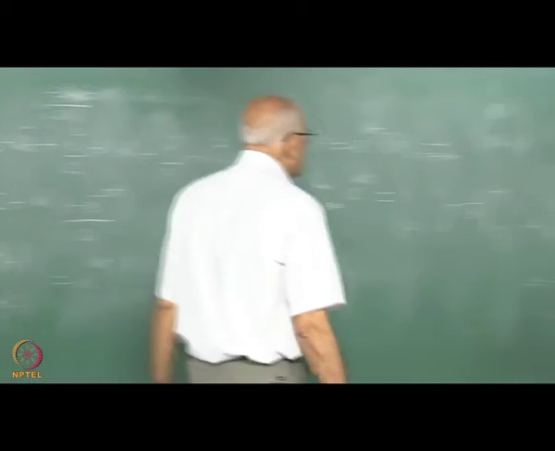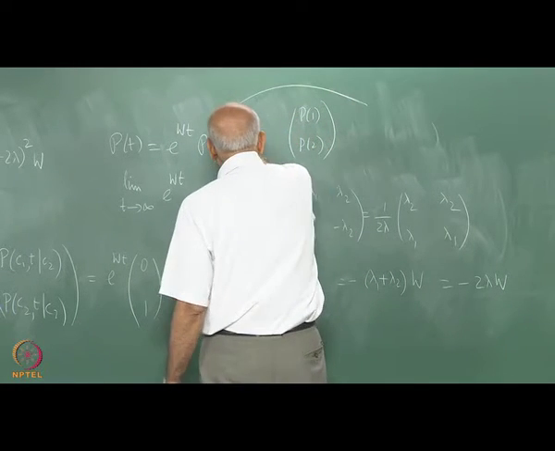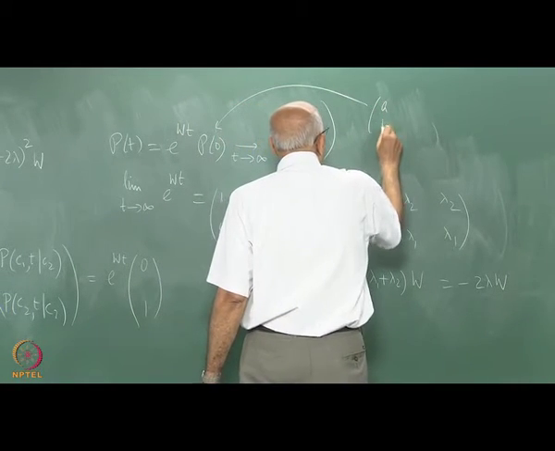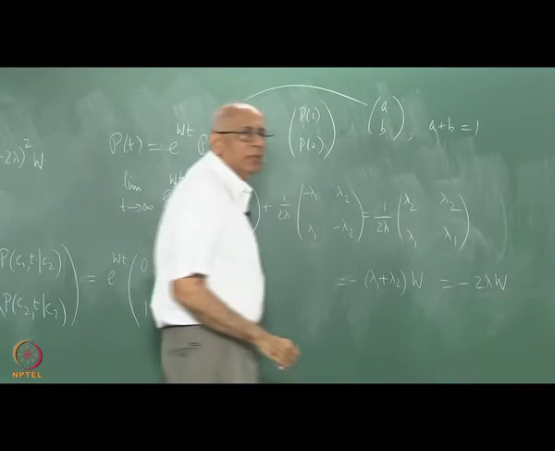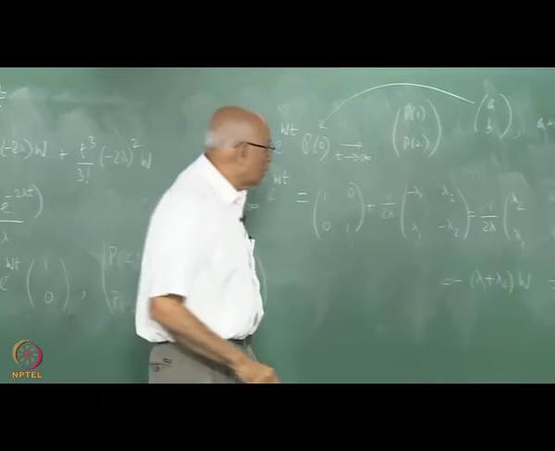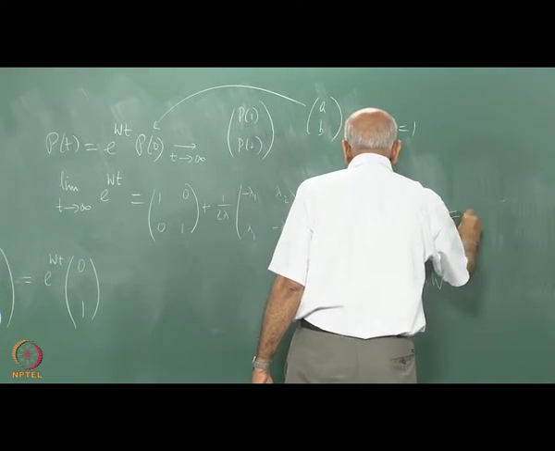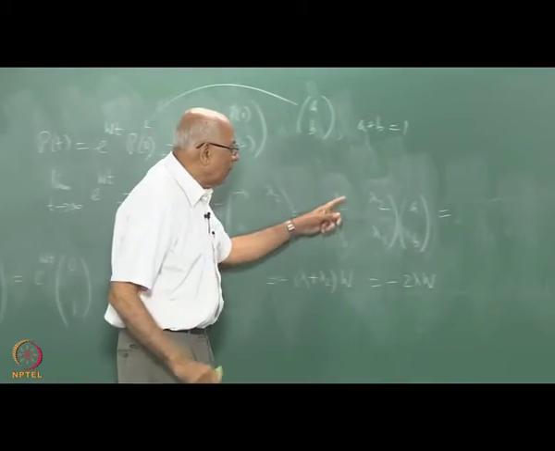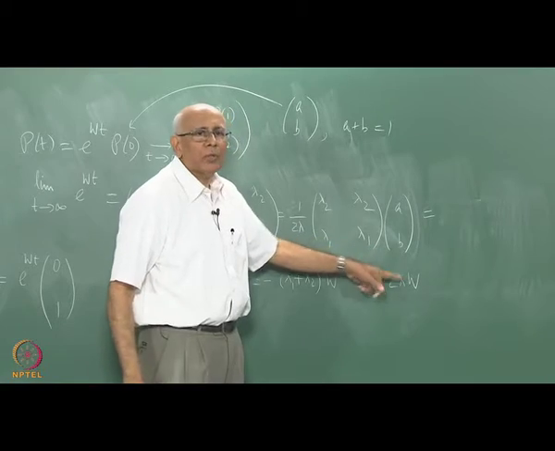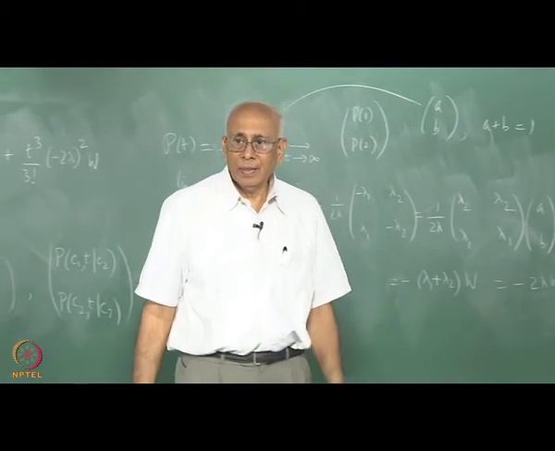So suppose the initial state had been some a b with a plus b equal to 1, non-negative numbers. We apply it to a b, and what do you get? You get lambda 2a plus lambda 2b. So lambda 2 comes out and you have a plus b, which is 1, so it goes away.